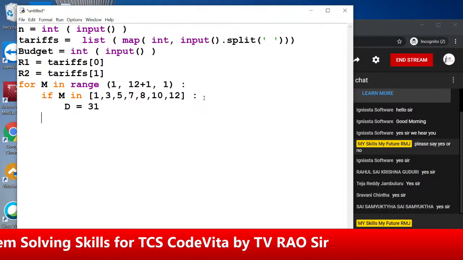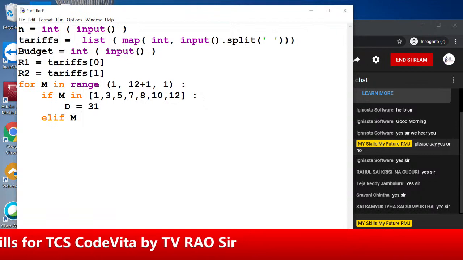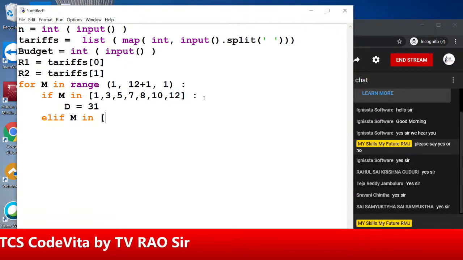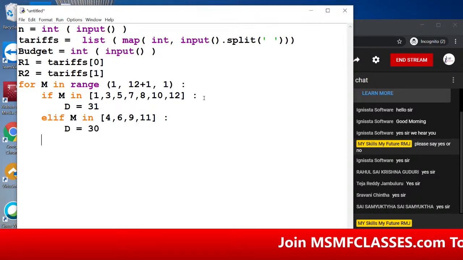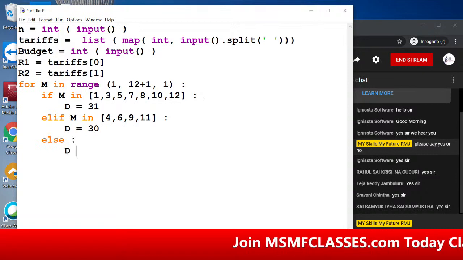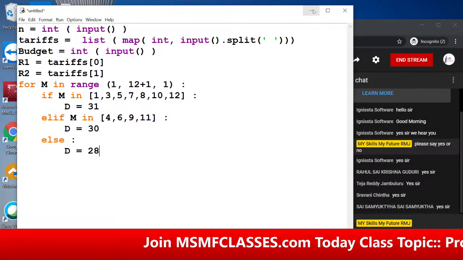Is this clear? Hope you understand it. Else if M in April, June, September and November, number of days are 30. Okay. Else it is February, the number of days are 28 as given in the problem statement. Okay.